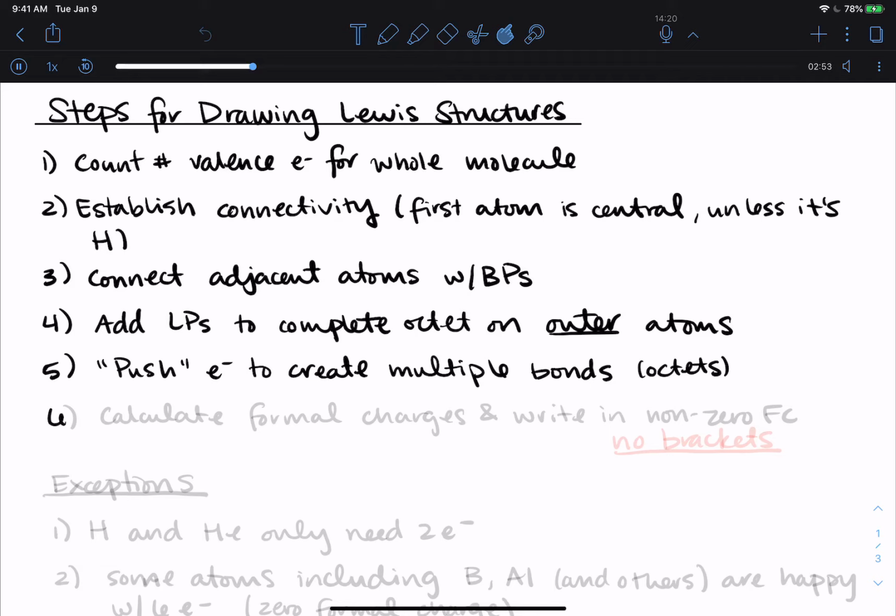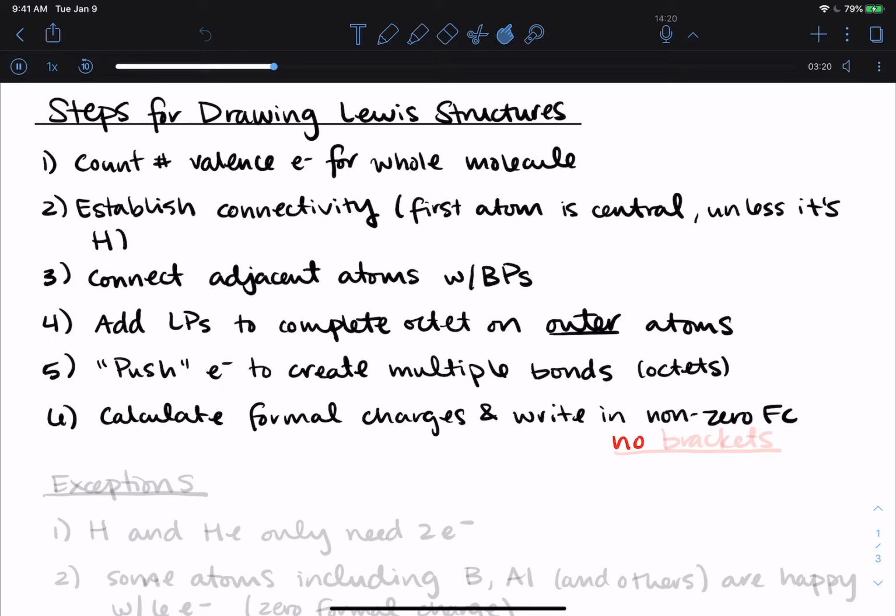Step 6, you will need to calculate the formal charge on every atom and write in any non-zero formal charges, which I'm going to start to abbreviate FC, next to that atom.